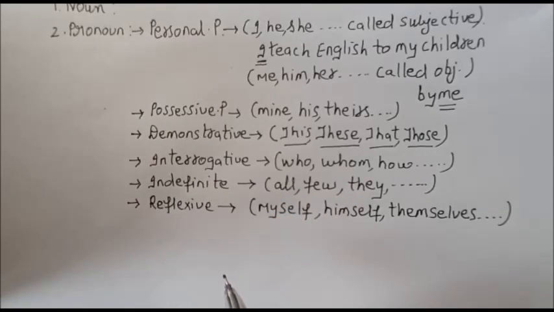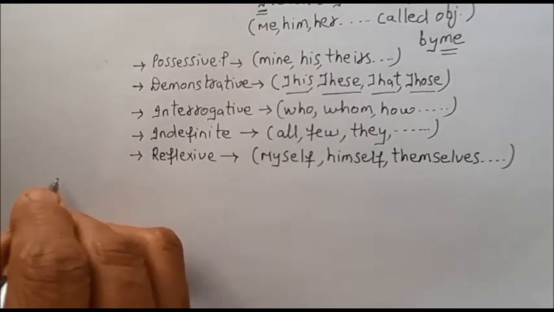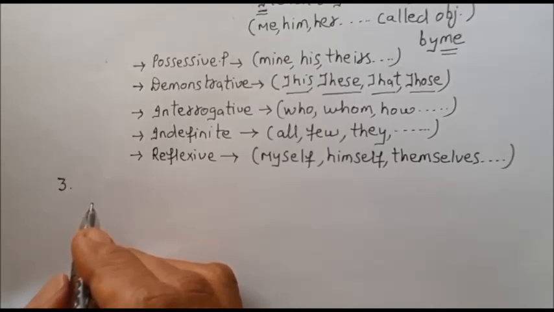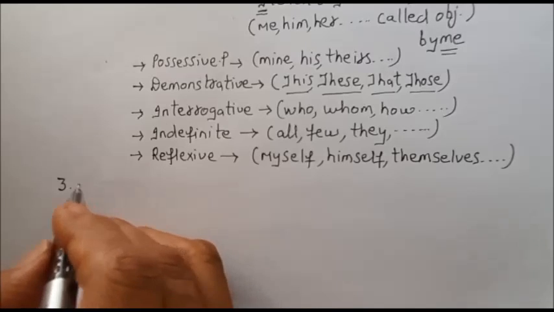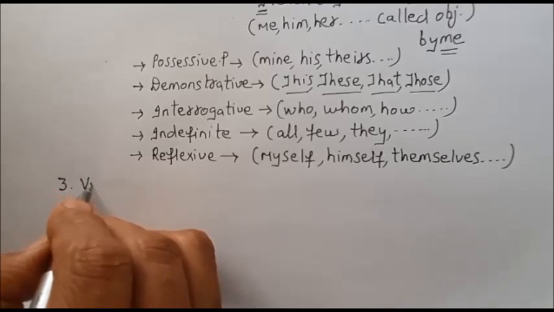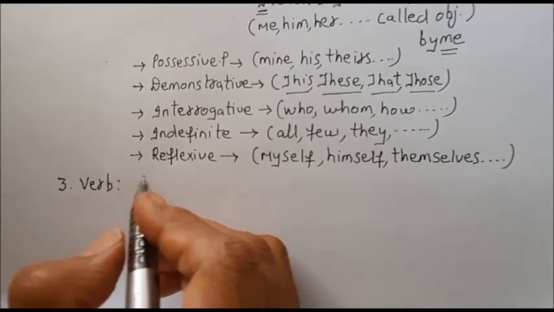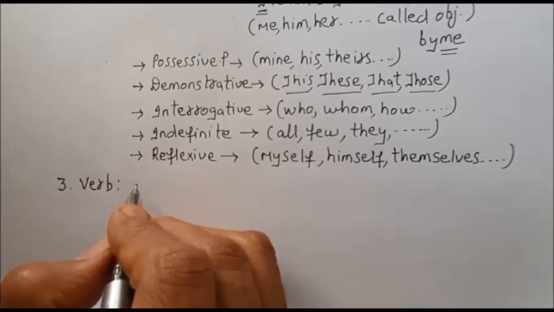And the next is, let's move towards verb, which we had also done earlier, but it's once again a short revision, I would say, and even some extra information provided over here. Now verb, that is the action word, or it could be a helping verb.